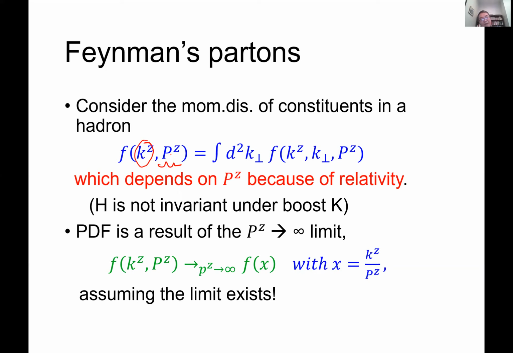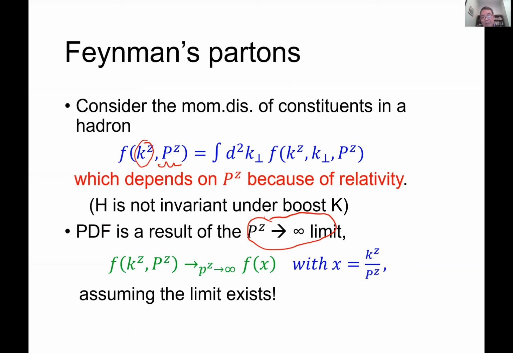Then Feynman took a very bold assumption. That is, let's assume the P_z goes to infinity limit, which is what's required in the Bjorken limit. Let's take an infinite momentum limit of this momentum distribution and assume that the limit exists.